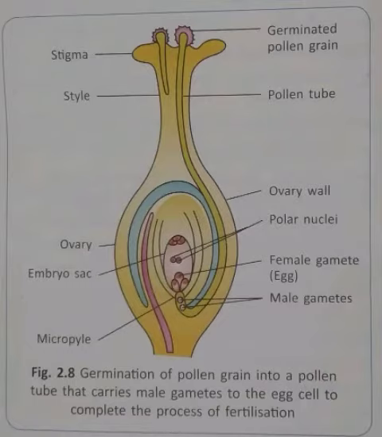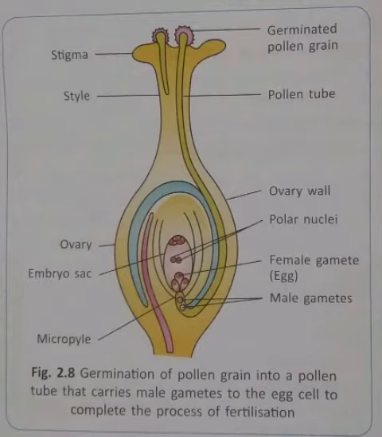Now the pollen grains present on the surface of the stigma respond to the sugar containing liquid secreted by the stigma. Okay, how? By growing a narrow tube-like structure known as the pollen tube. Inside the pollen tube, male cells or male gametes are present.